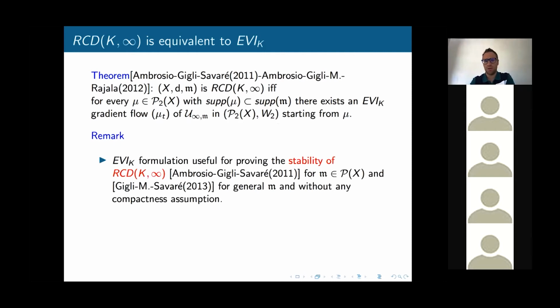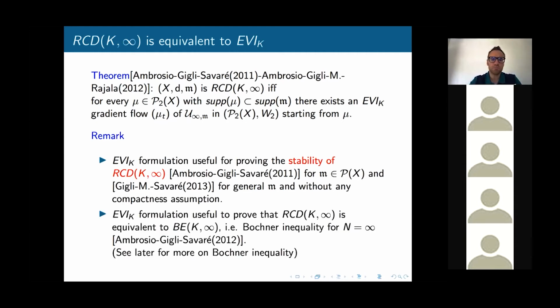Okay, the proof is not immediate, and I would like to skip it because I want to do something else in the finite dimensional theory. But let me just mention that this EVIK formulation is useful for proving the stability of RCD K-infinity, and this was indeed the point of view of Ambrosio-Gigli and Savaré in their initial paper. And this EVIK formulation is also useful to prove that the RCD K-infinity condition is equivalent to the Bochner inequality for n equal to infinity.